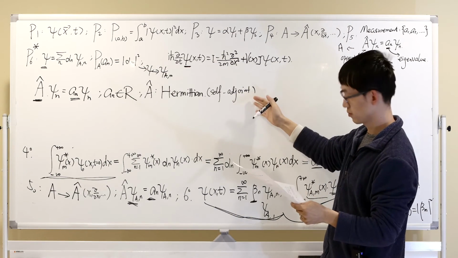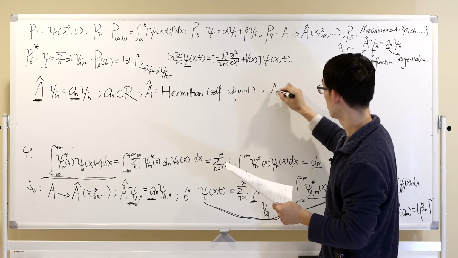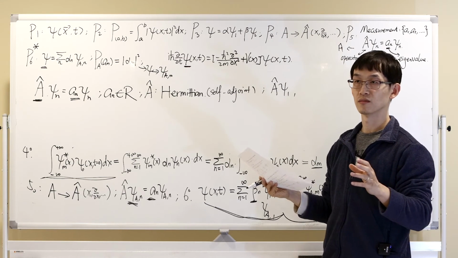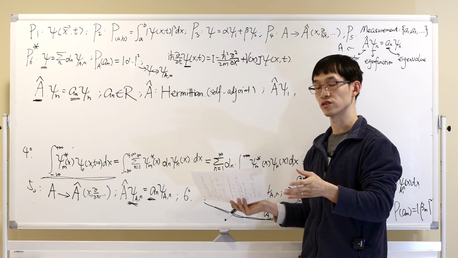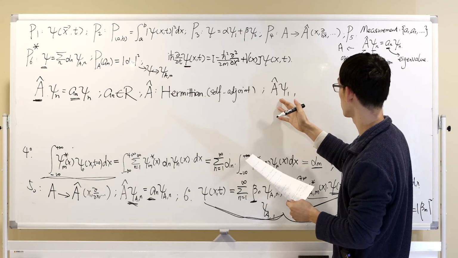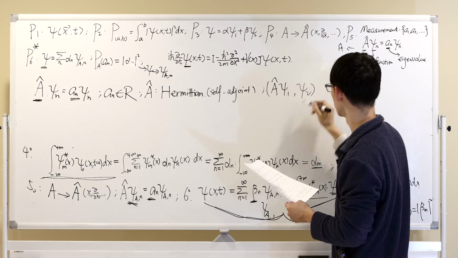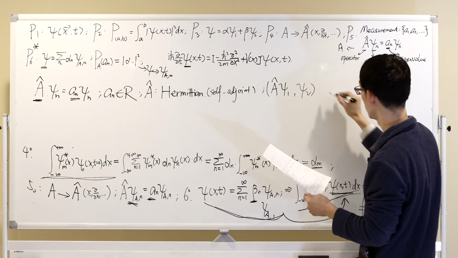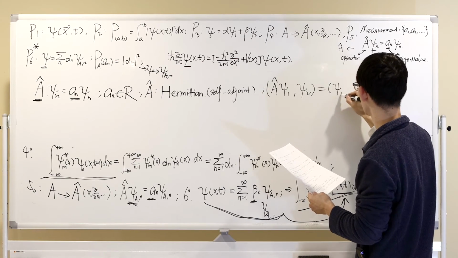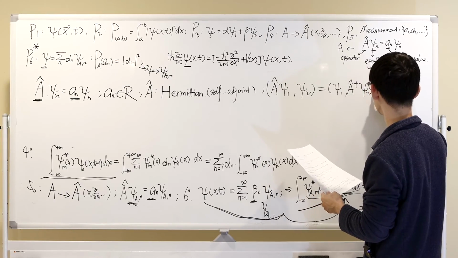The inner product between A psi 1, where psi 1 is just a wave function, it can be any wave function, and psi 2 is equal to the inner product of psi 1 and A dagger psi 2.